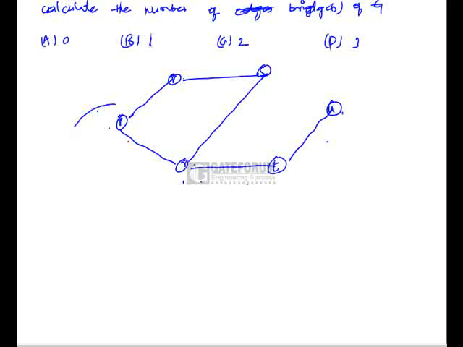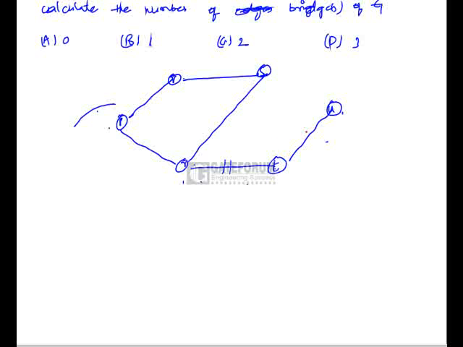In this graph, we have to find the number of bridges. Number of bridges is nothing but number of cut edges. Here we can say the edge between R and T, that is this edge, is a cut edge. Why? Because if we delete this edge, the graph gets disconnected into two components. One is this one and the other is this one.